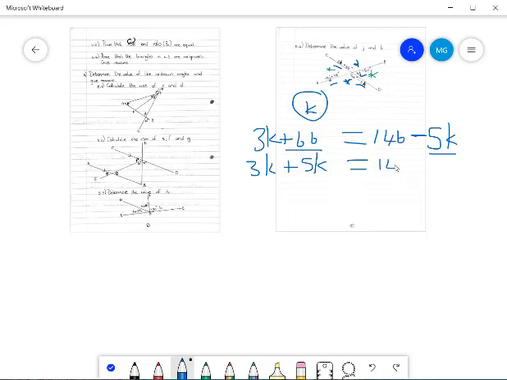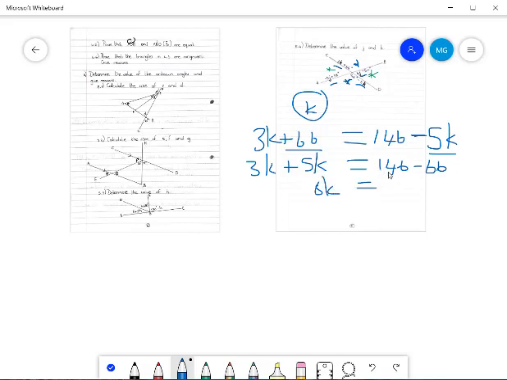I'm going to take 66 over, remember on this side it's a positive, so on this side it's going to be a negative, okay, and now I have my k on the one side and my whole numbers on the other side. So I can just simplify it. I can say 3k plus 5k is 8k.